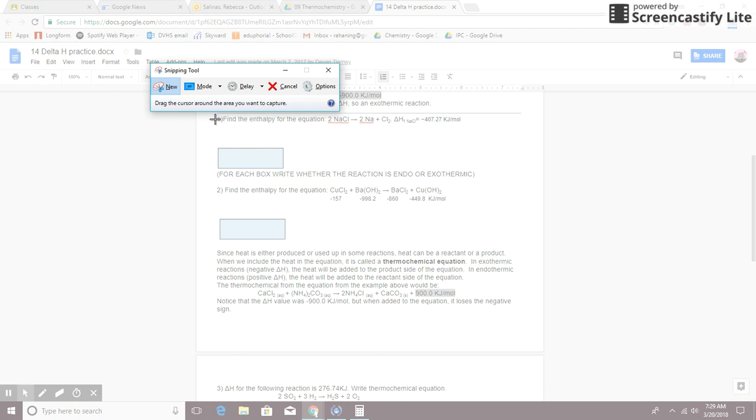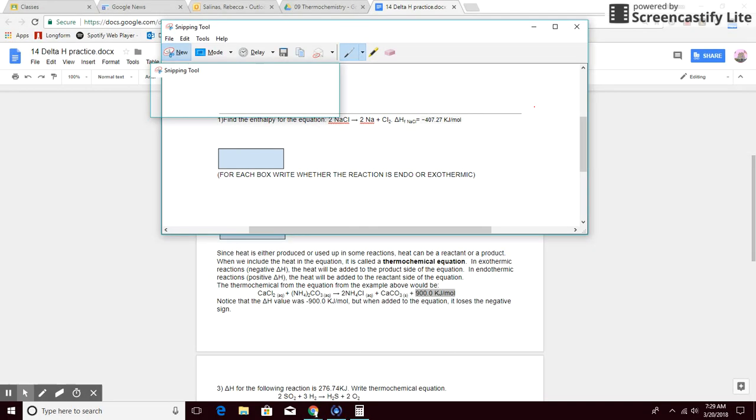Grab that. All right, there we go. Number 1. It says find the enthalpy. So I'm going to be finding the delta H, the change in energy. So I'm going to do products minus reactants. And it gives me only this piece of information. It says that the heat of formation for sodium chloride is negative 407.27 kilojoules per mole.